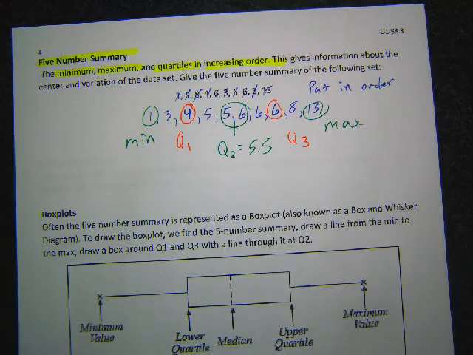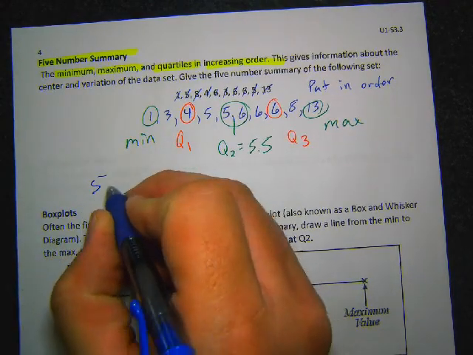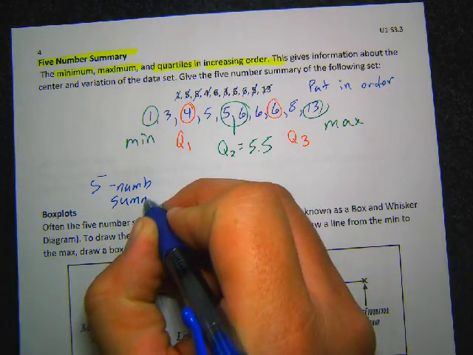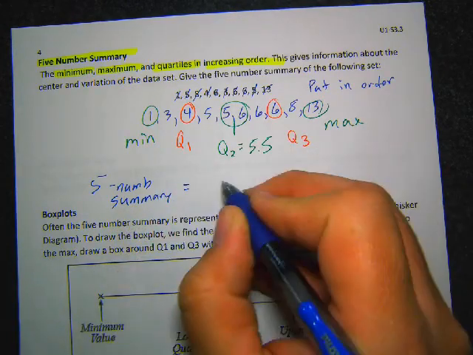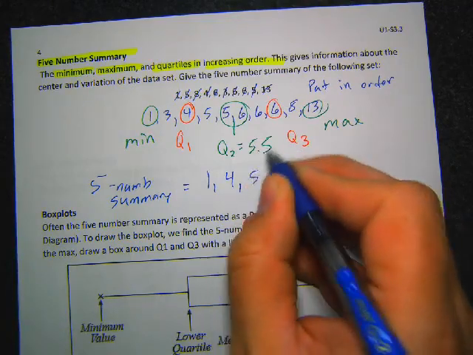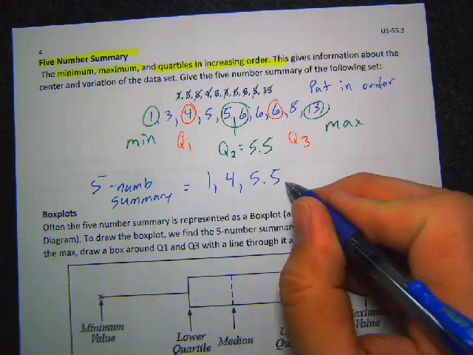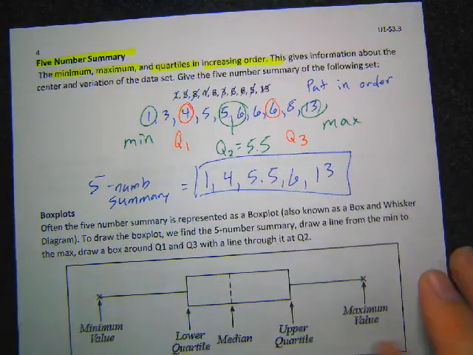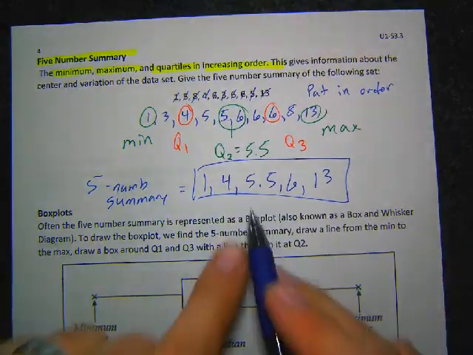So the 5-number summary for this set would be 1, 4, 5.5. Use this guy, not the, that's between 6 and 13.